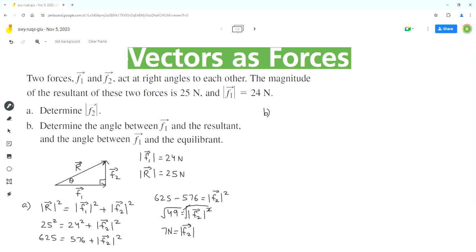So we can use cos ratio. The formula for cos is adjacent over hypotenuse, and the adjacent side length is the magnitude of F1. And the hypotenuse is the magnitude of resultant.